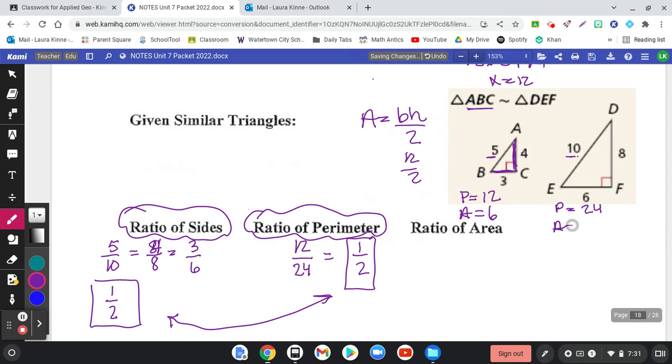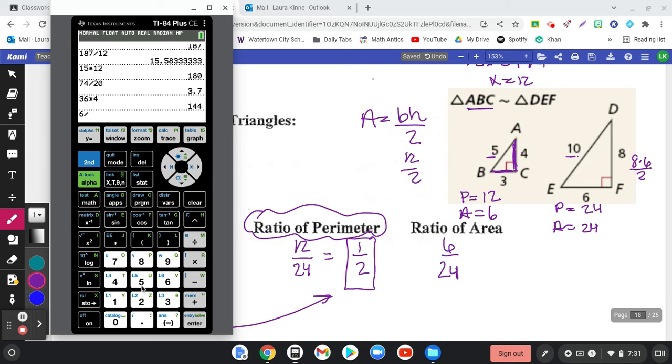The area for this triangle would be 8 times 6, which is 48, divided by 2 is 24. Now we want to simplify that. That does not simplify to 1/2. 6 divided by 24 is 0.25, which is 1/4.